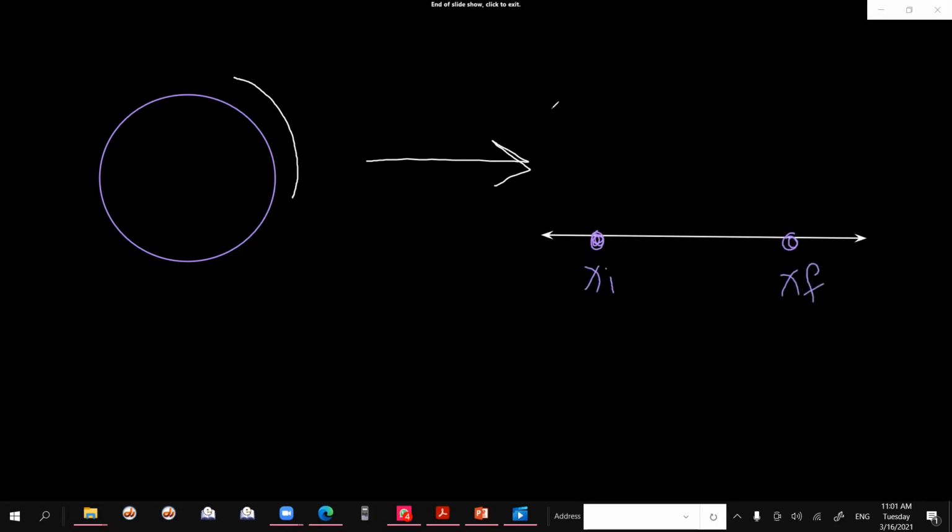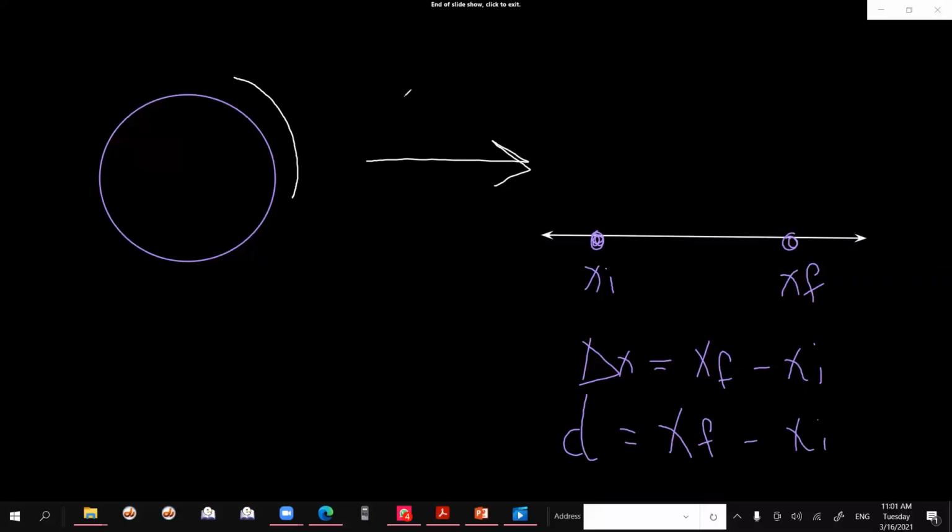So delta x will be x final minus x initial, which we call the displacement. The linear displacement is the difference between the final and the initial position.